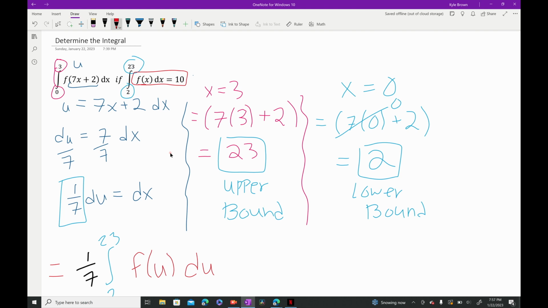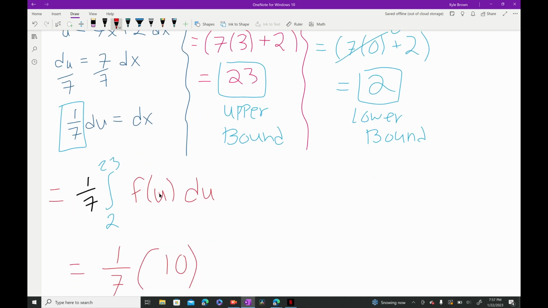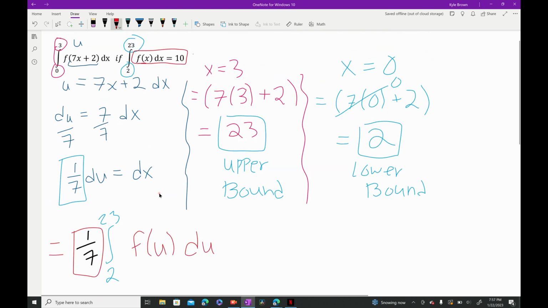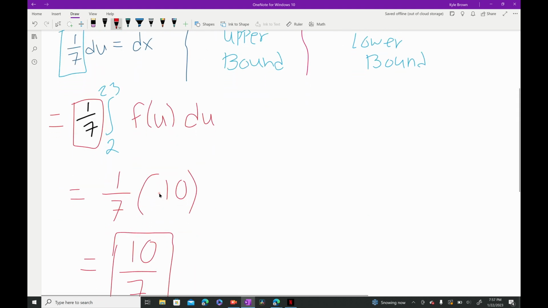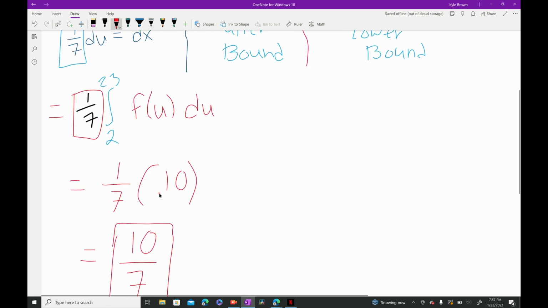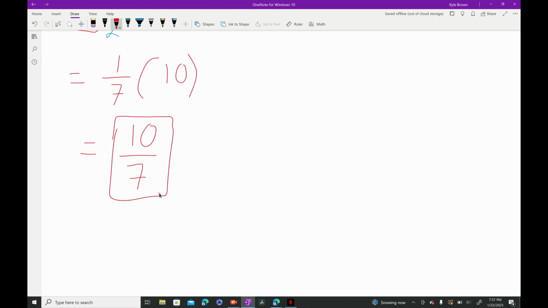So if we evaluated this integral, the actual f of x value of it is 10. And since we're taking the du, which is here, and inputting it as a constant and multiplying it by the final answer of the new integral we found with these limits, we created the upper and lower bound, we're left with 10, and then we multiply these two things together. This gives us our final answer.